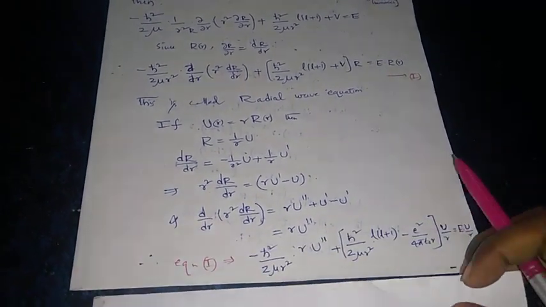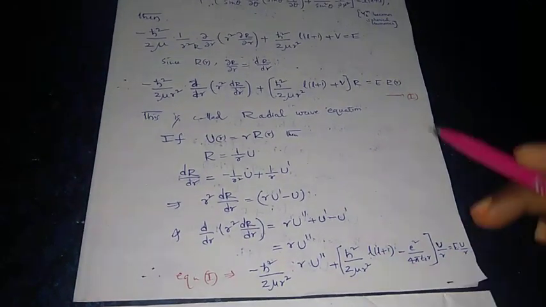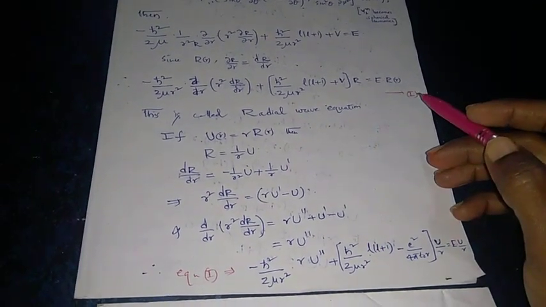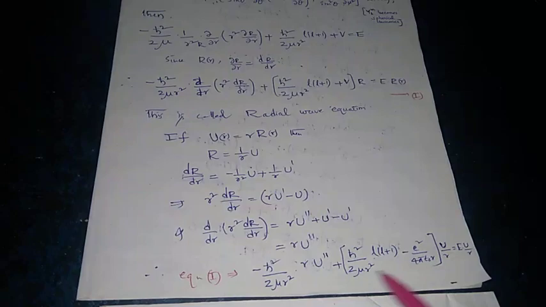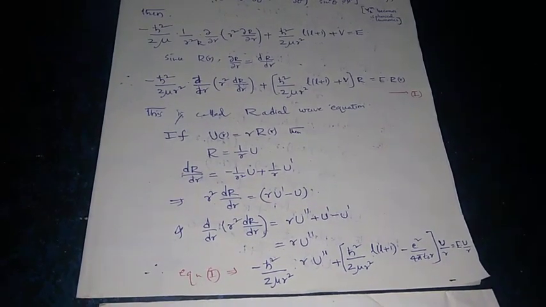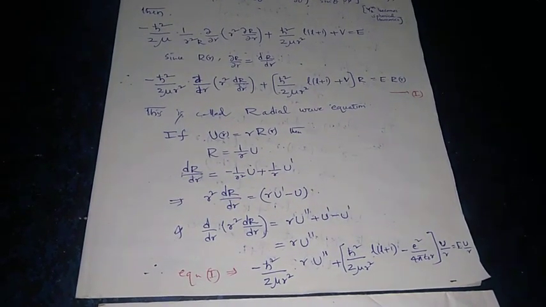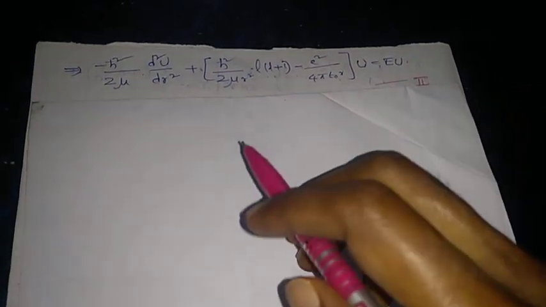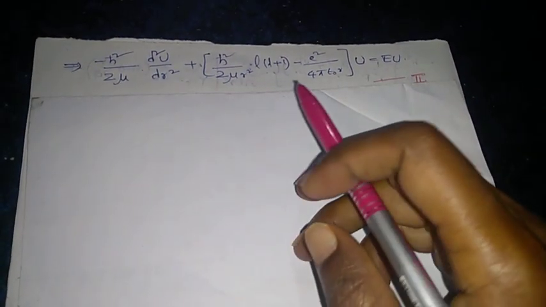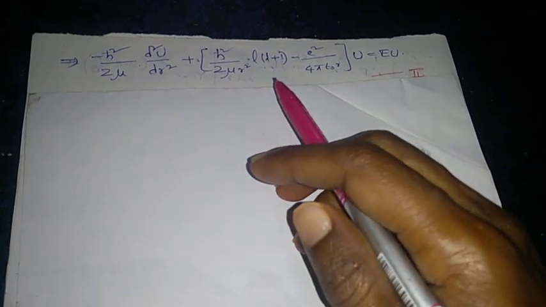And after substituting this into equation number 1, we get this equation as our radial part equation. And by multiplying both sides of that equation by u, we get this form, which we can call equation number 2.